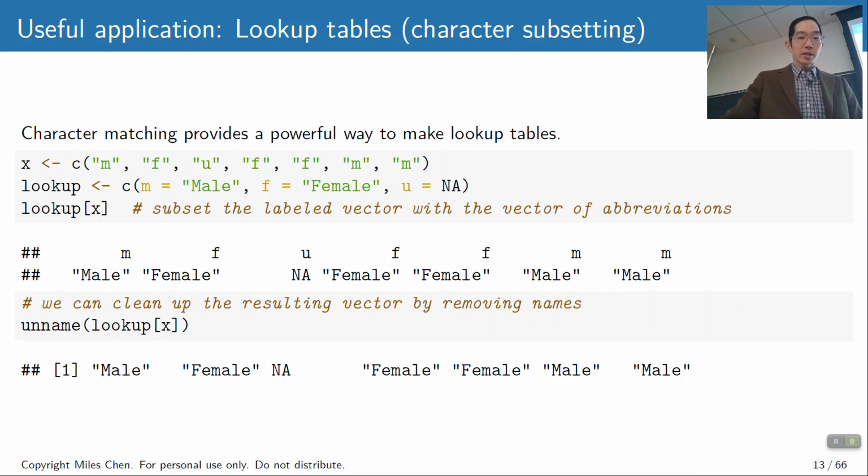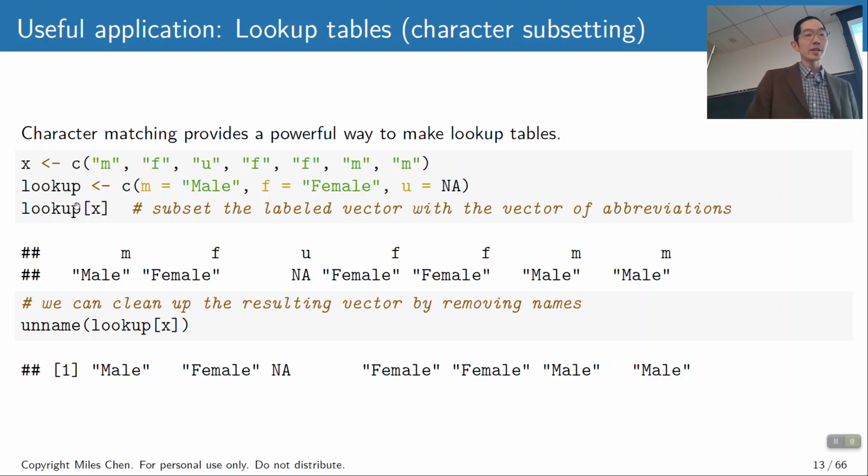Well, I create a vector called lookup, and there's only 3 elements in this vector. It's a named vector with 3 elements: male, female, NA. The name corresponding to male is M, the name corresponding to female is F, the name corresponding with NA is U. And now I'm going to subset this lookup vector, which has 3 elements, using the vector X.